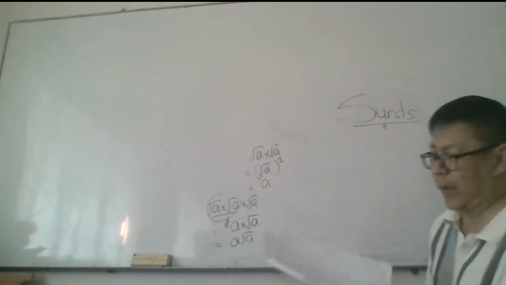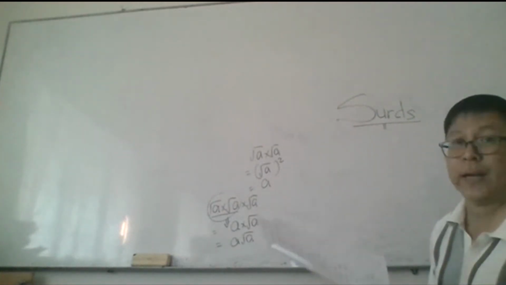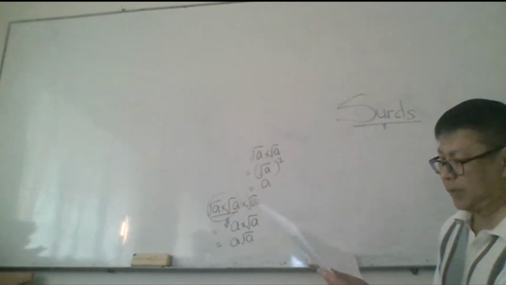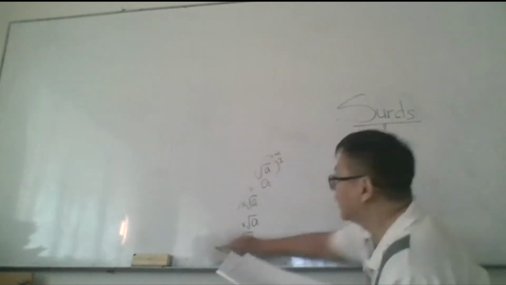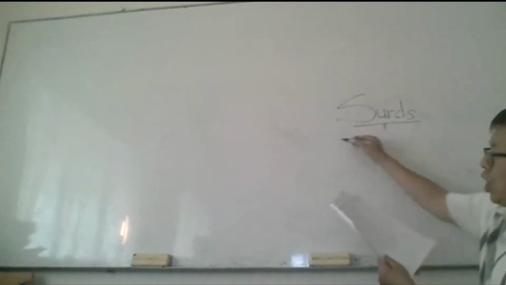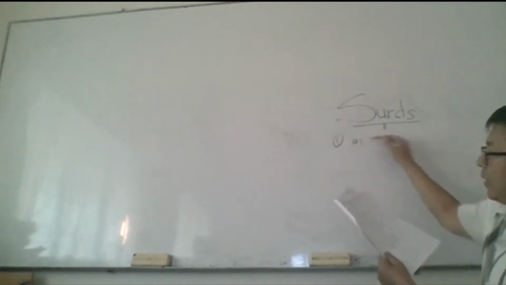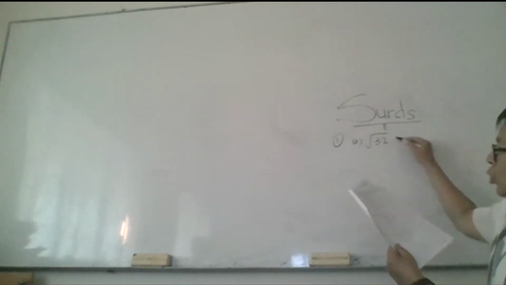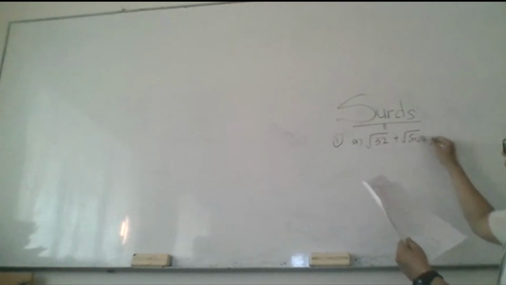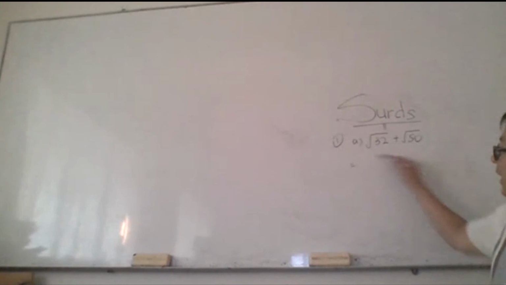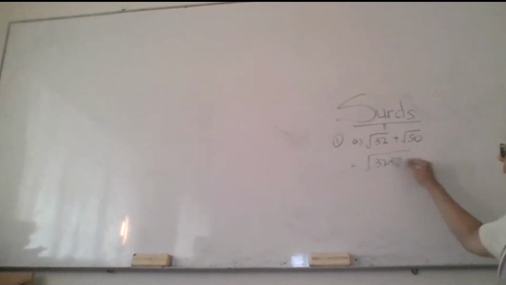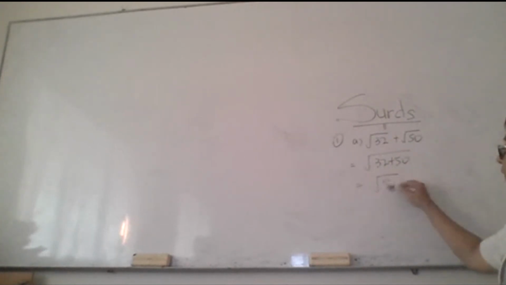Okay, can you please look at your question number 1? Students, can you please turn to page 2? Question number 1. First of all, for your question 1A, square root of 32 plus square root of 50. Remember, we cannot just put 32 plus 50 equal to square root of 82.